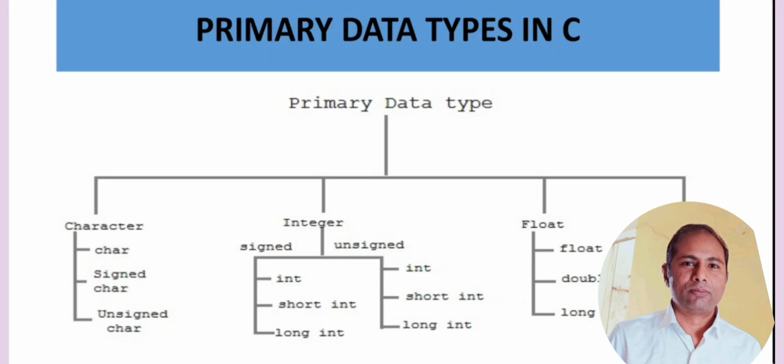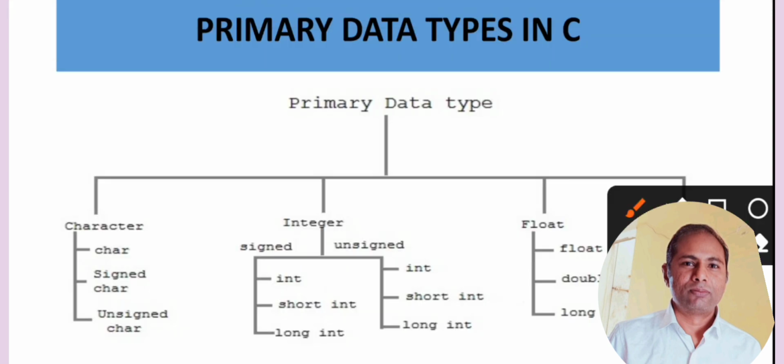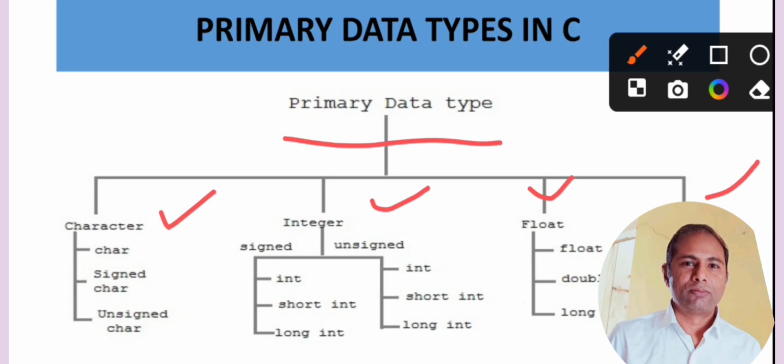Then what are the primary data types? I have told you these are the data types which are already defined in C. These can be character, integer, float, and void. Now, what are the different character data types? Character can be signed character or unsigned character. Same thing, the integer data type is categorized into two types, signed and unsigned.